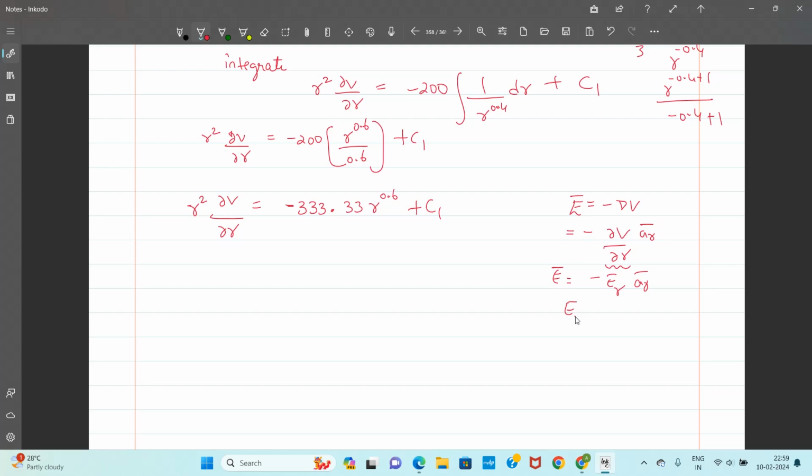So in place of E_r, what do we have? Dou V by dou r. Okay, so I will now substitute that. I have minus dou V by dou r. So instead of dou V by dou r, can I put minus E_r here? In which case it becomes minus r square E_r. So I have replaced potential with respect to intensity. Now I'll be able to use the first condition.